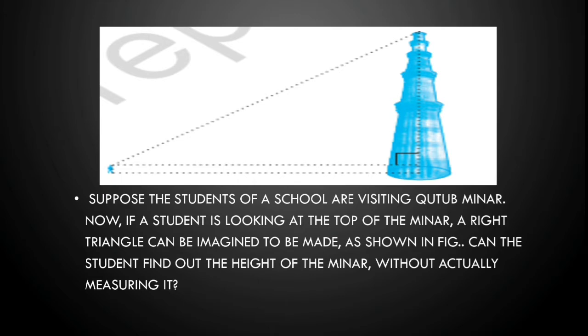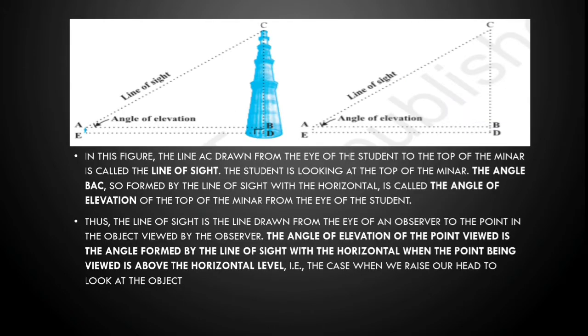Now if you look at the next slide, in the figure the line AC from the eye of the student to the top of the Minar, this dotted line, is called the line of sight. The student is looking at the top of the Minar.